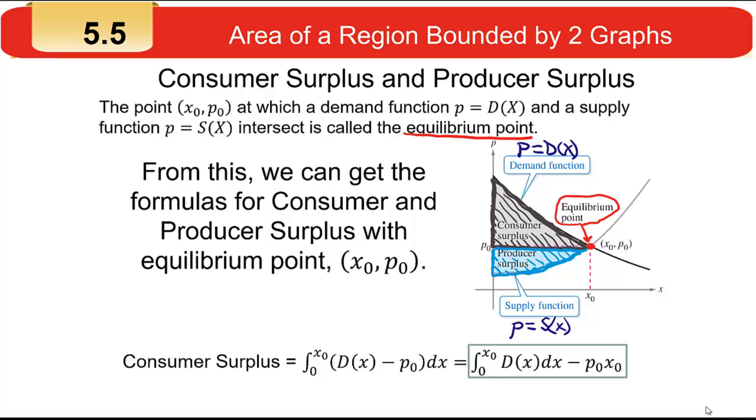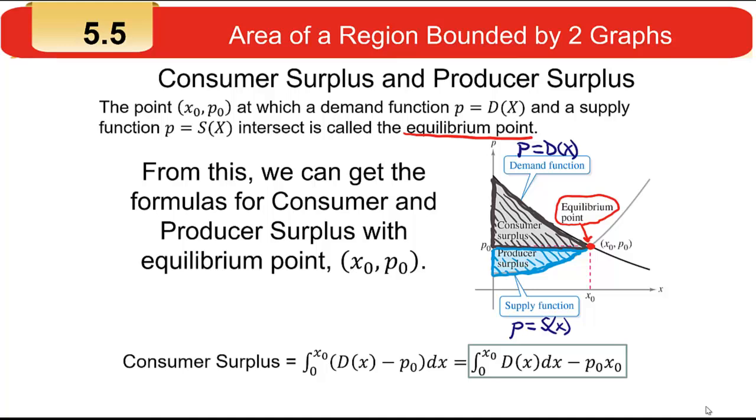And if you simplify it a little bit further and integrate that P0, the integral of P0 is P0 times x, and we're going to be plugging x0 in it, which is the x-coordinate of the equilibrium point.